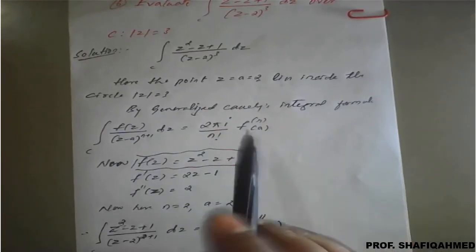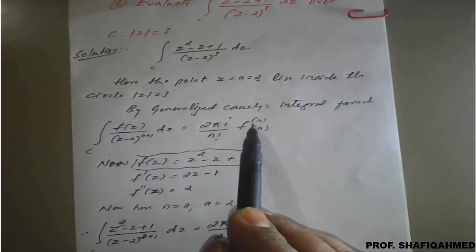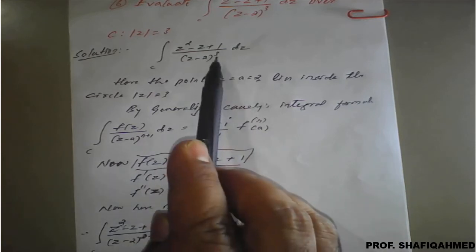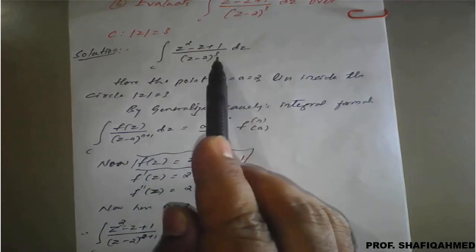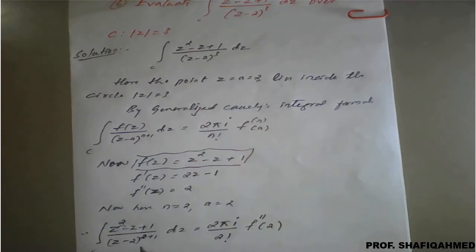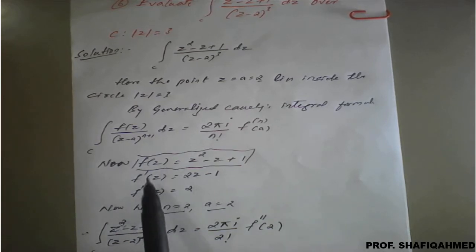Next, we need to see the n value. So 3 can be written in the form of n plus 1, that is 2 plus 1. So n value is 2 and a value is 2. Therefore n is 2 means we need to differentiate f of z 2 times.